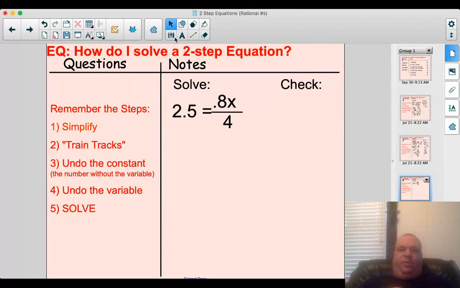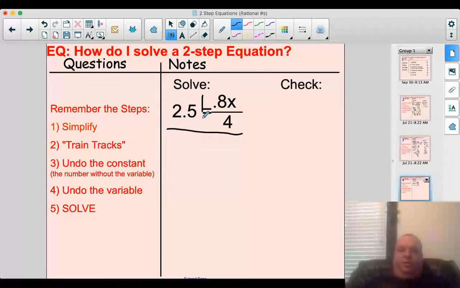So if I'm doing the opposite of that, reversing my order of operations, I'm going to undo the dividing by 4 by multiplying by 4. So 2.5 times 4 is 10, equals 0.8x.